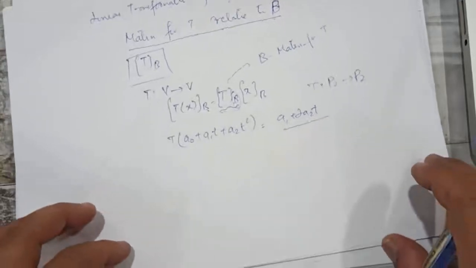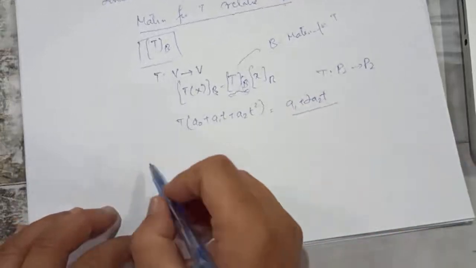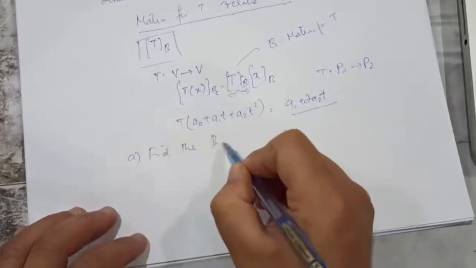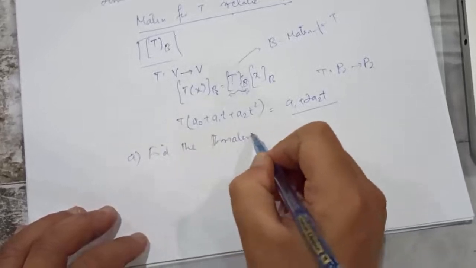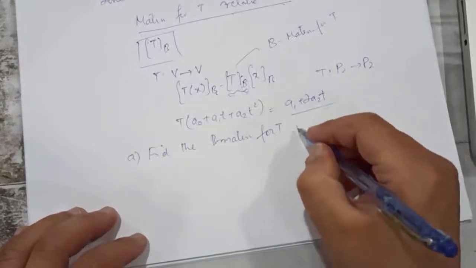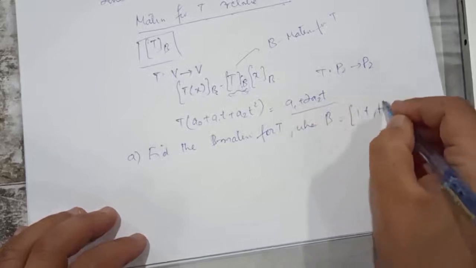Now what you have to do is find the beta matrix for T when beta is 1, t and t square.